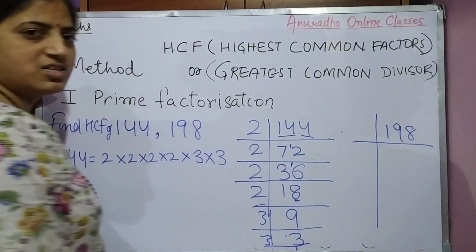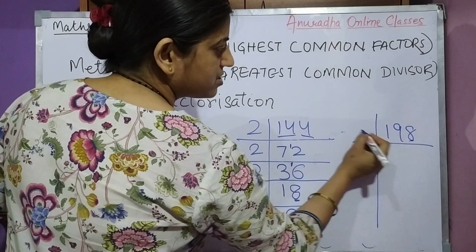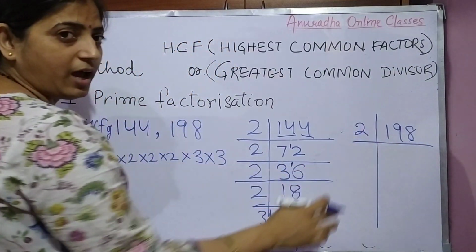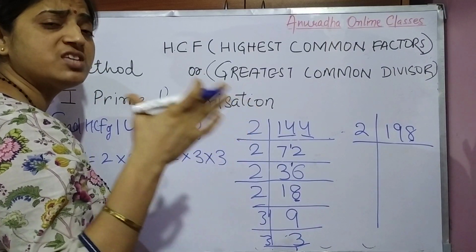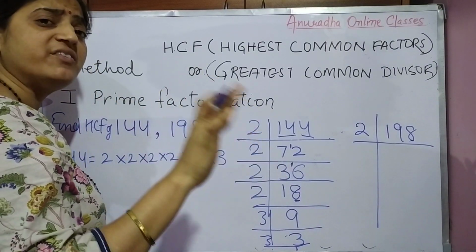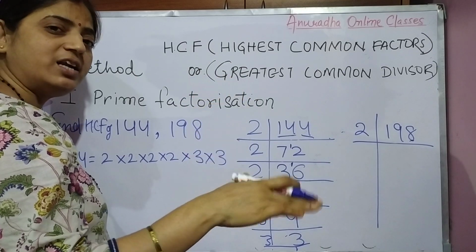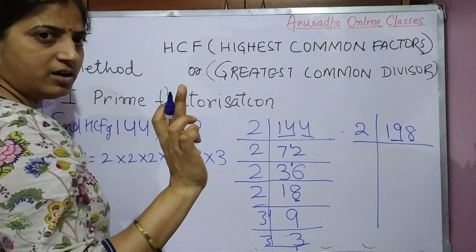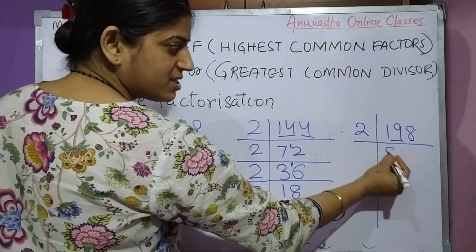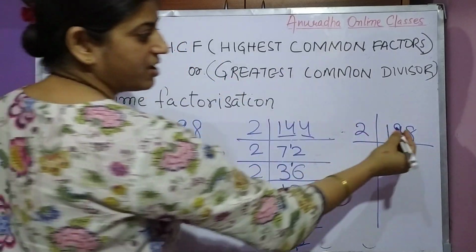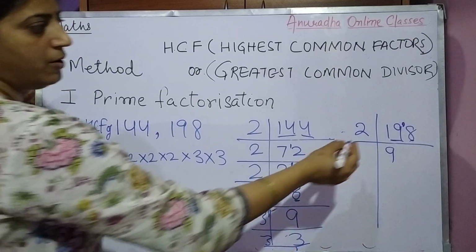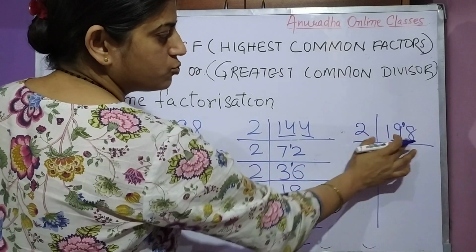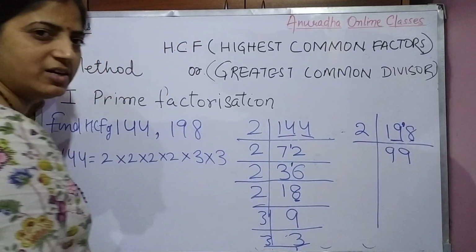This one, 198, again with 2. 2 6s are 12, 2 7s are 14, 2 8s are 16, 2 9s are 18. How much is left? 1 is left, so put 1 here. 2 9s are 18, right?